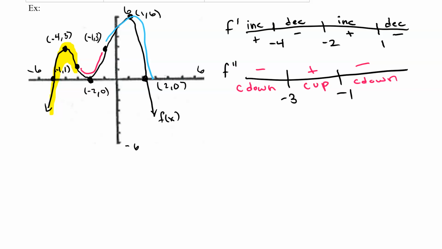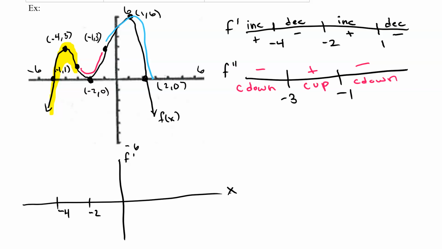We can use that information now to sketch a graph of our derivative. So now our y-axis, instead of being y values, is going to be our derivative. So we know our derivative is 0 at -4, -2, and 1. Our other important points being at -3 and at -1.